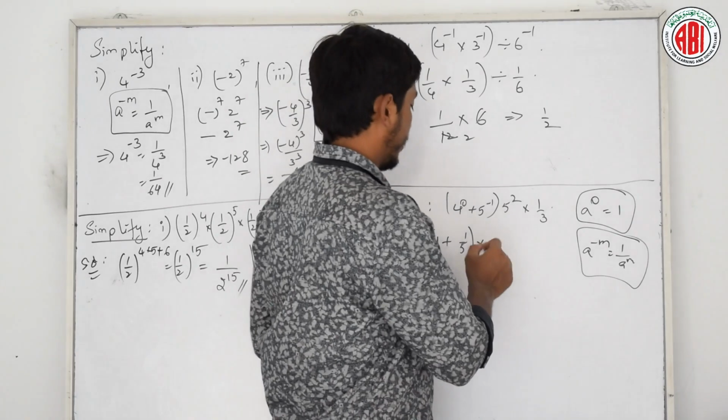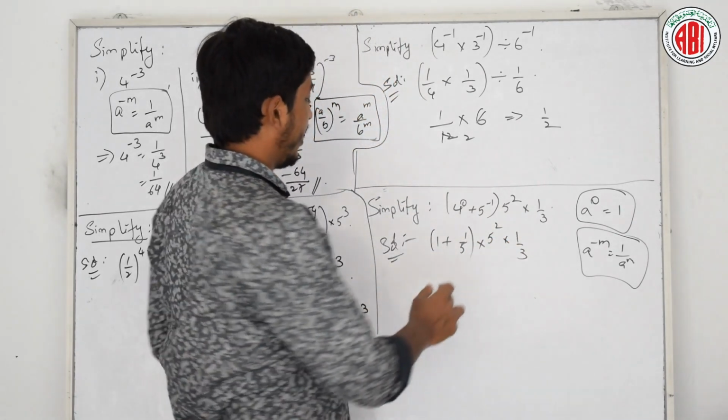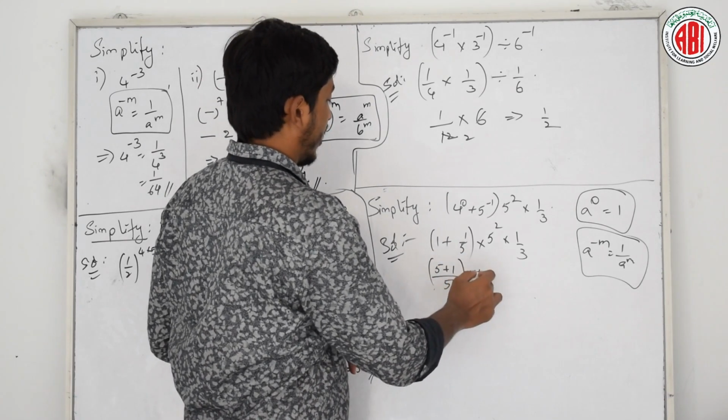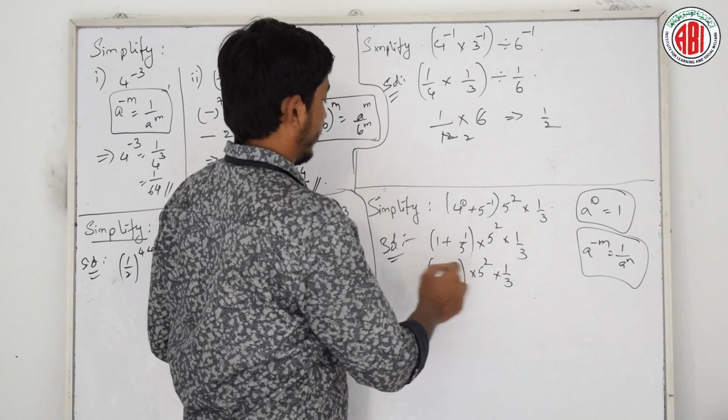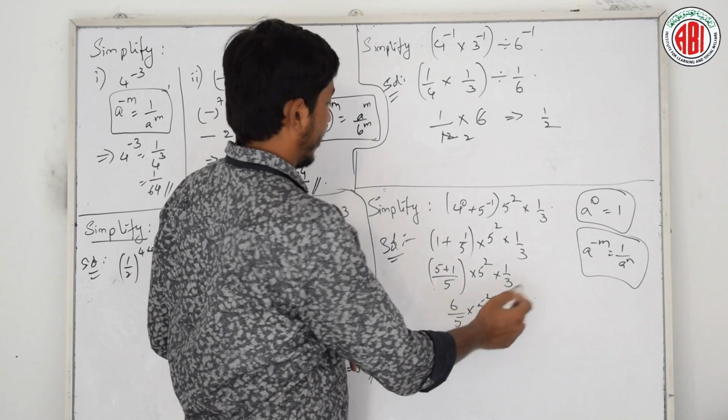Let me put this 5 square as it is into 1 by 3. Now tell me here, LCM is 5. 5 ones are 5 plus 5, into 5 square into 1 by 3. 5 plus 1 is 6 by 5 into 5 square into 1 by 3.